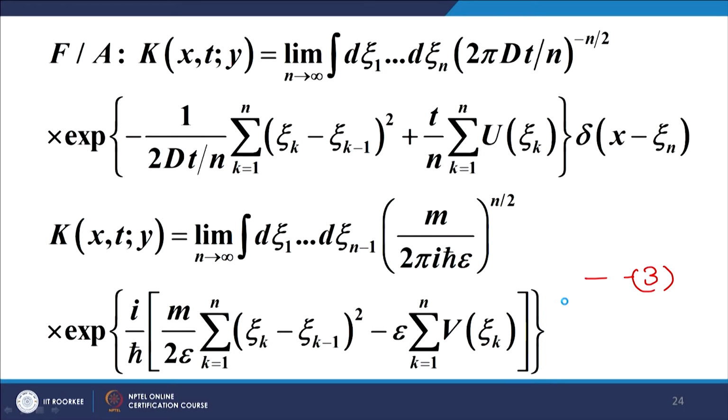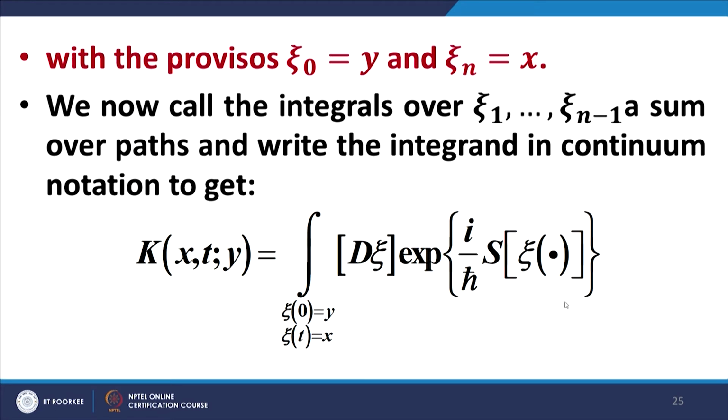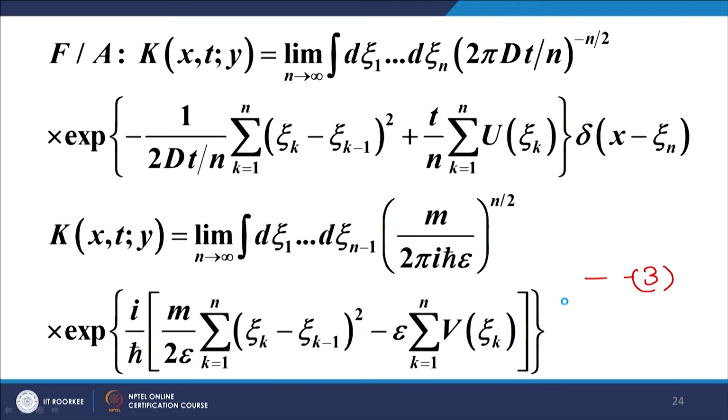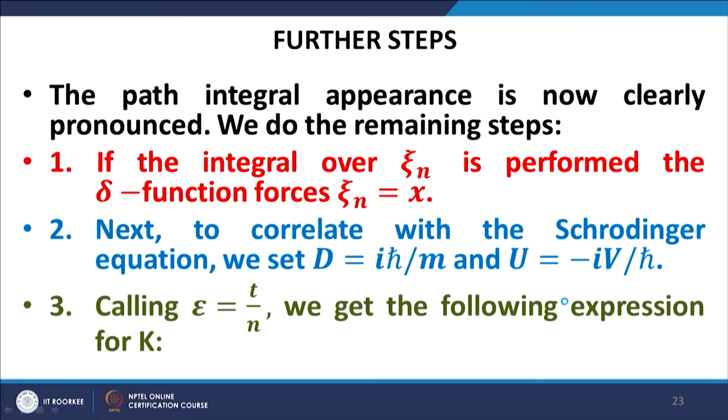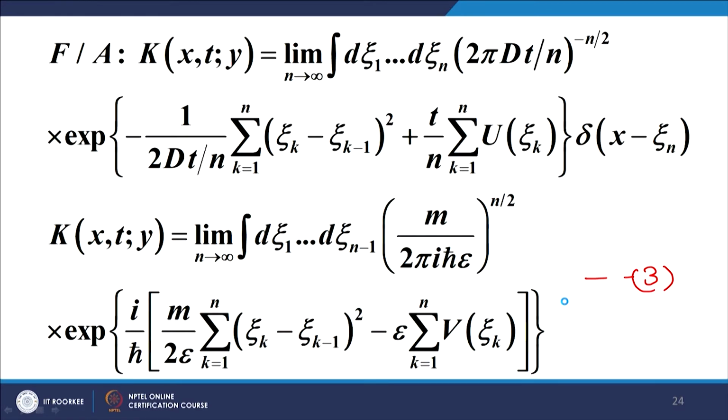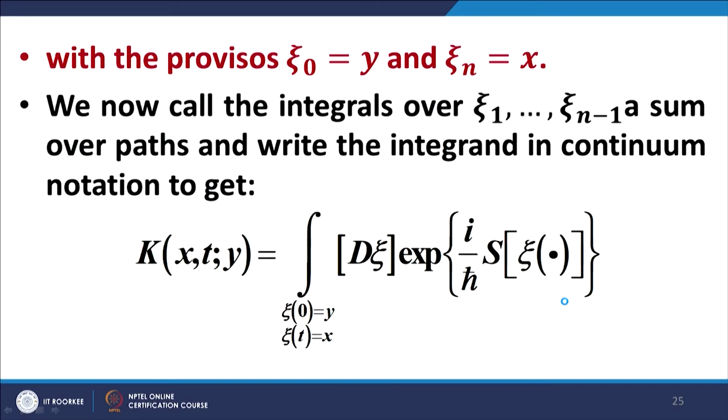And then, because of the delta, we had this assumption xi 0 is equal to y earlier. If you can recall that, we have it there in the upper box, the bright red box, xi 0 is equal to y, and because of the delta function, we also have that xi n is equal to x.